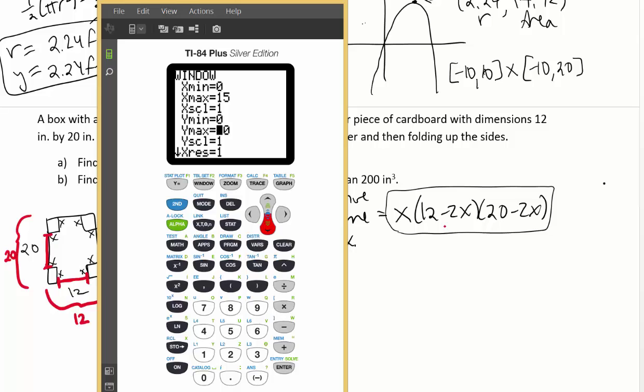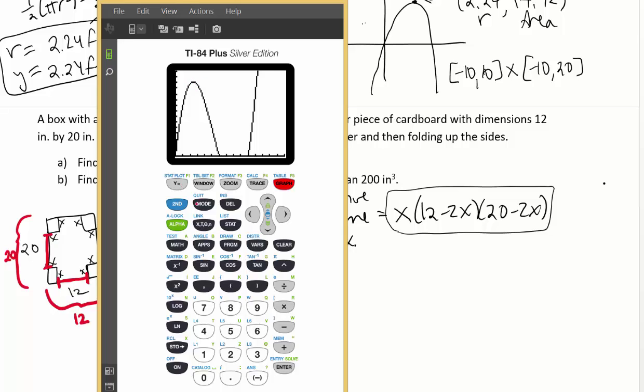So maybe I'll guess, let's just try 300 to start. I might need to adjust my y scale. Maybe I'll go by 20s, just so that I have a little bit better scale. And let's graph. So here's our cubic. So I can see a nice maximum right here. So that's going to be the place where my volume will be max. So that's what we want to locate next.